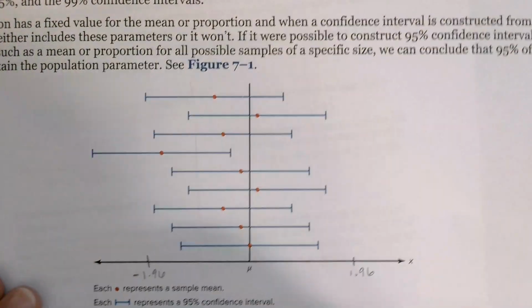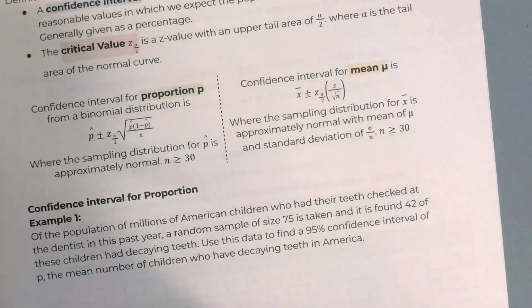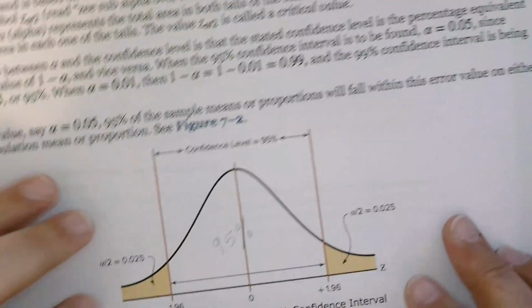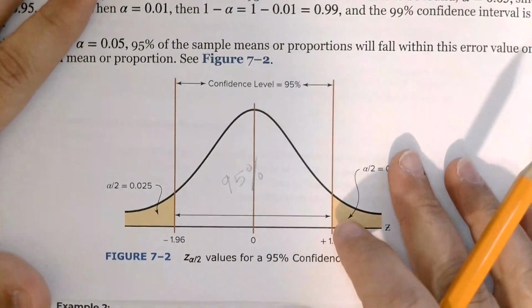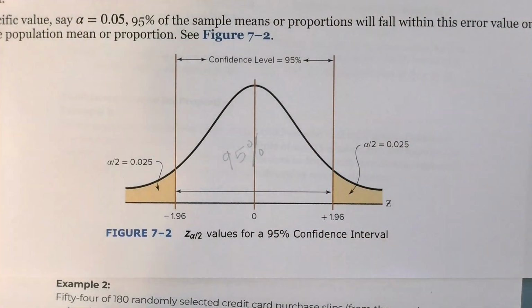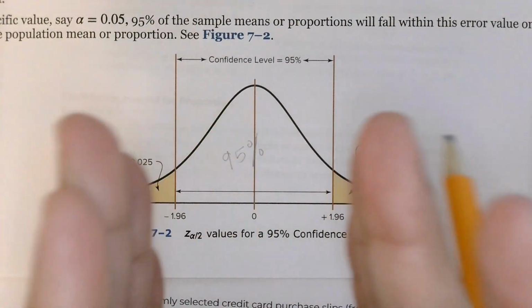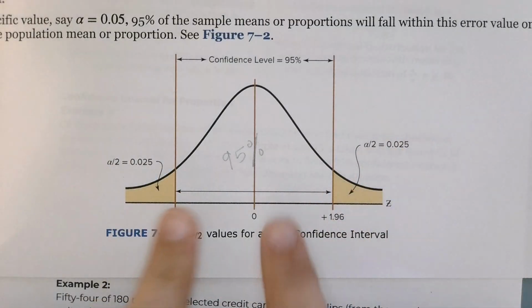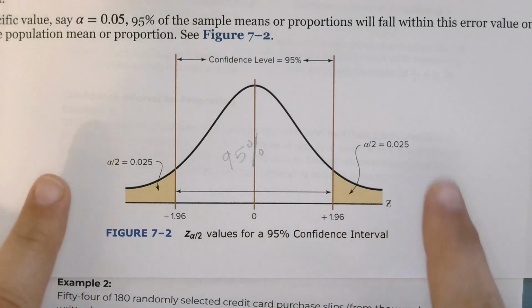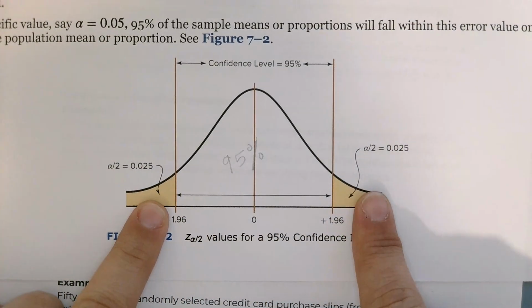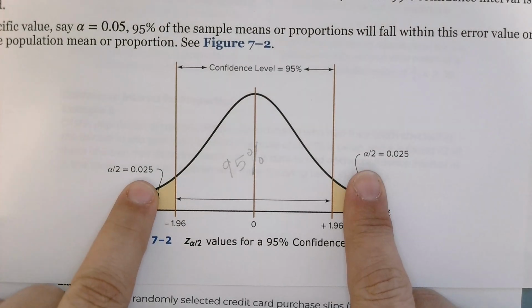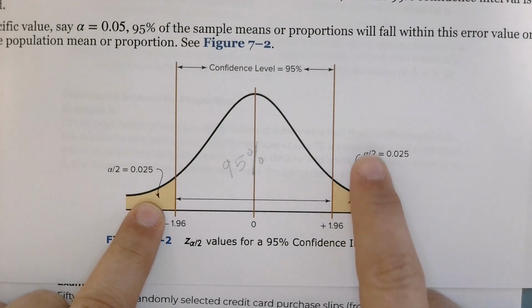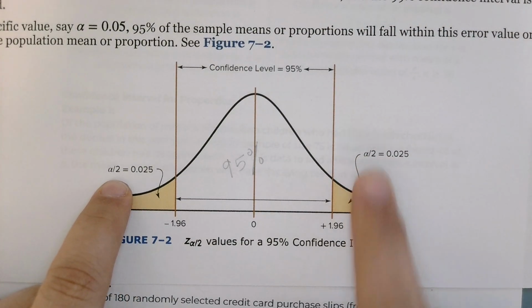I'm 95% sure that it will. Now let me show you another picture of just one sample. By 95% confident, I'm looking at the middle 95%. So this leaves us with the 2 outside tails being 5%. Now notice that each one is split in half, and it's given notation alpha over 2.